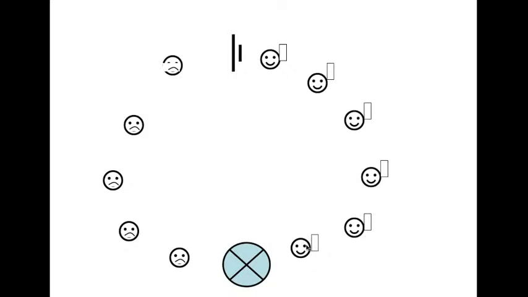So the electron will carry the energy to this, we'll call it a lamp here, and it'll burn up the energy. It'll consume the energy, and the electrons will leave without energy. So sad electrons, sad students without their paper, without their energy.